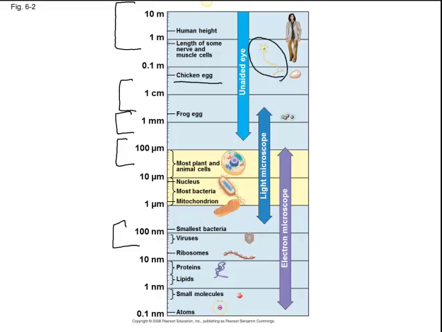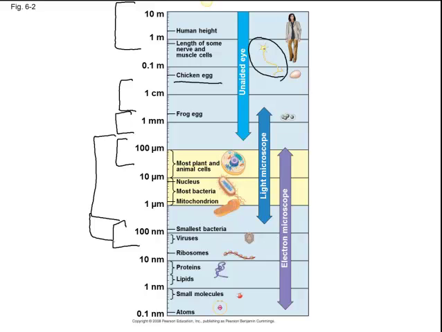Then the cells that you and I are going to talk about in this class range in size from 100 micrometers to close to the bacteria, which is almost a micrometer. The smallest bacteria can be even of the size closer to the nanometer range.